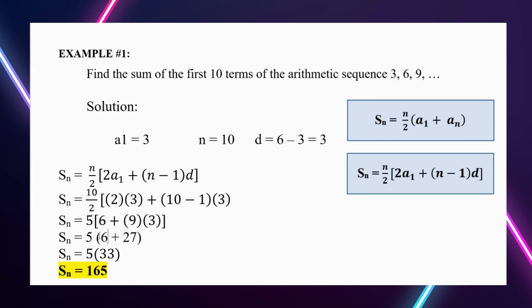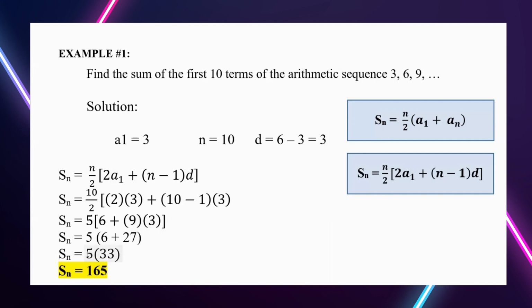Unahin natin yung nasa loob ng quantities, which is 6 plus 27. Bakit? Dahil applying the rule of PEMDAS. So 6 plus 27 is 33. So therefore, S sub n is equal to 5 times 33.